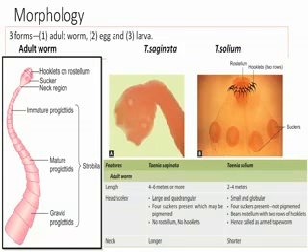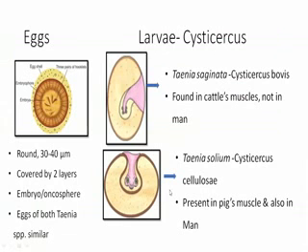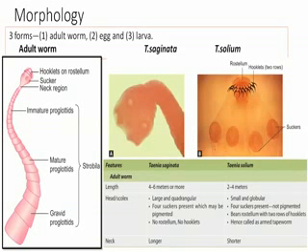There are some morphological differences between Taenia solium and saginata. The first one is length. Taenia saginata is much longer, measuring 4 to 6 meters, and Taenia solium measures 2 to 4 meters.